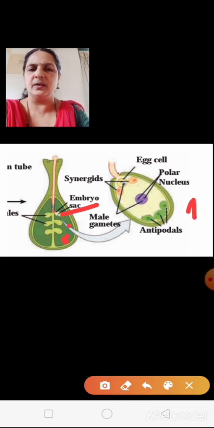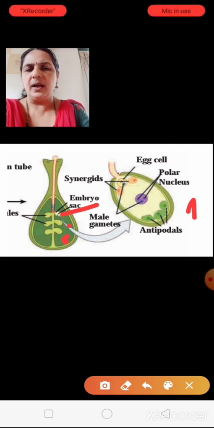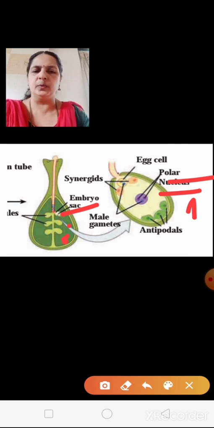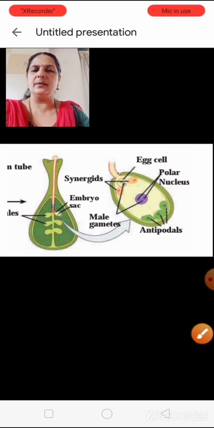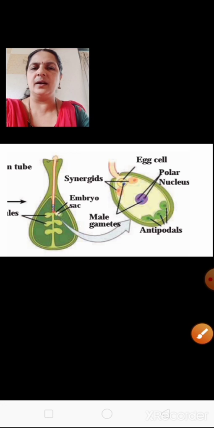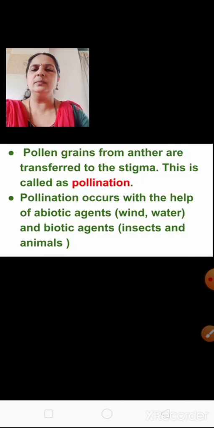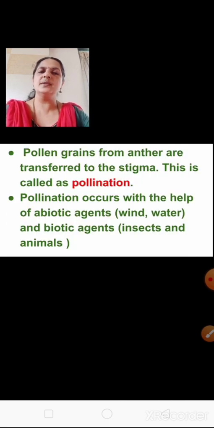You can see in this figure there is one egg cell here, and 2 polar nuclei. So inside the embryo sac there is 1 egg cell and 2 polar nuclei. Understood?